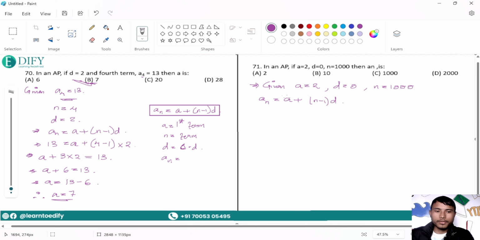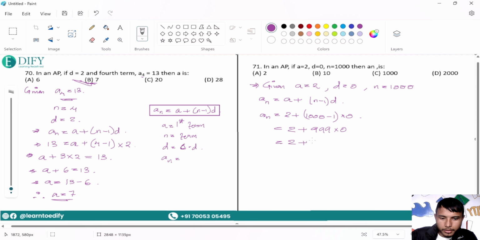So a of n is equal to a, which is 2, plus n, which is 1000, minus 1, and then the common difference is 0. So that implies 2 plus 999 into 0. So 2 plus nothing but 0, so the answer is 2.